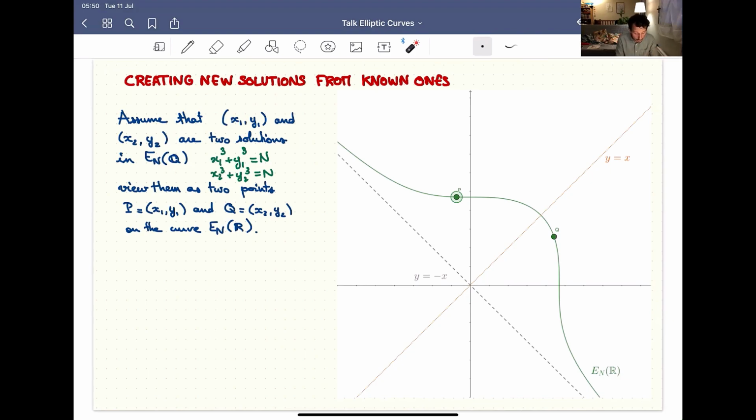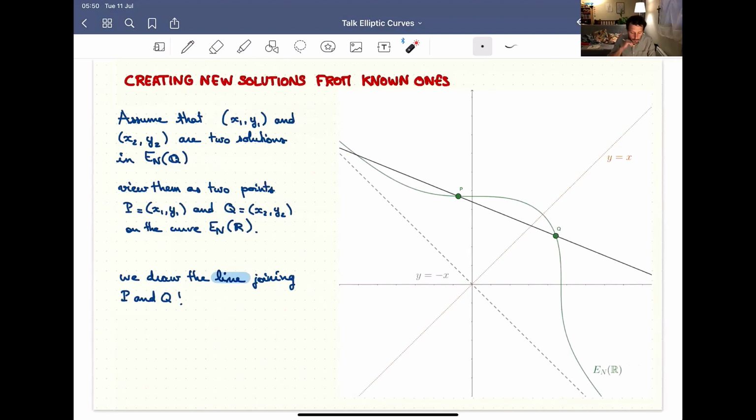And as we just said, we can view them as two points P and Q on the green curve. Okay. Now we're going to do a bit of a strange thing, which is we're going to draw the line that joins P and Q. And the picture looks like this. Draw the line joining P and Q.